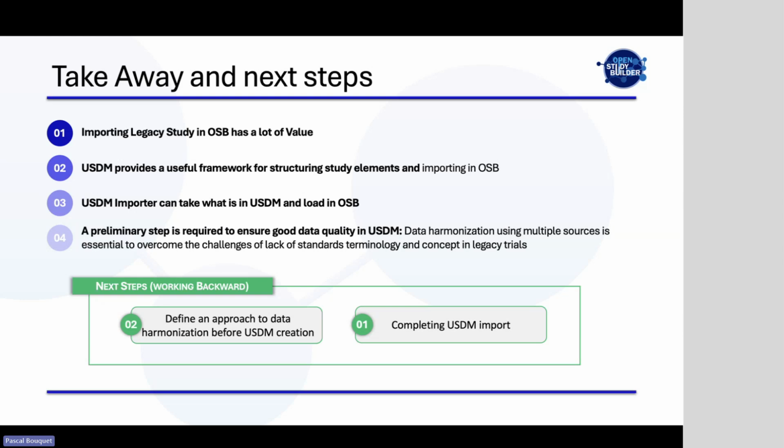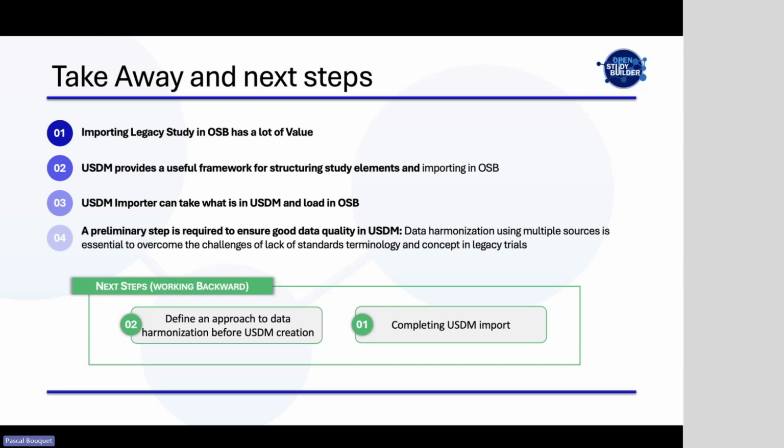So the overall idea, once we have completed the USDM import that you see here as phase 1, is really to start on phase 2, and we start to do some POC on that, to have a more agentic AI approach to harmonize content before we create the USDM. So let's say you would have different registries, different documents.